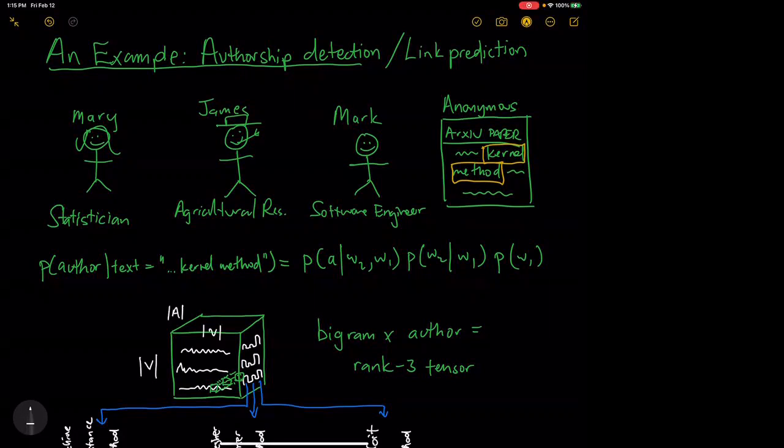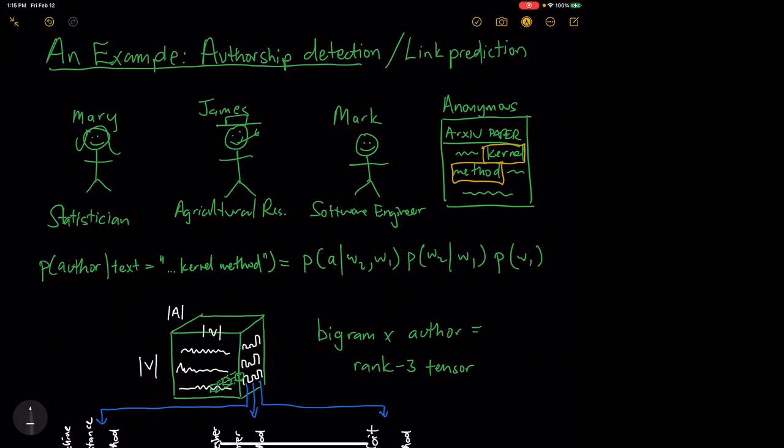For Mary, it might be a function that estimates the approximate distance between points in some vector space. And for James, who is researching agriculture, it might be good ways to plant seeds and husk some corn or something like this.